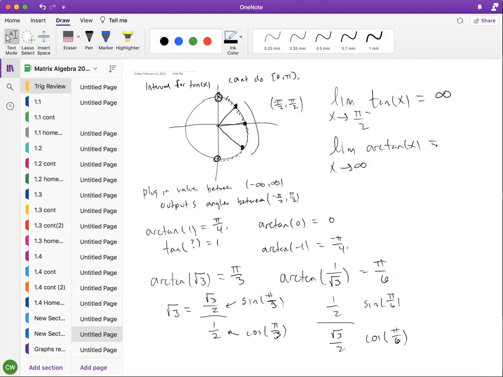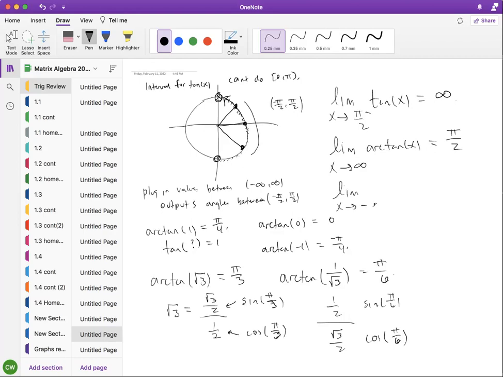Think about values that are getting close to infinity for tangent. As x approaches pi over 2, tangent is approaching infinity. So for arctangent, as you bring x to be really, really big, the angles must be getting close to pi over 2.